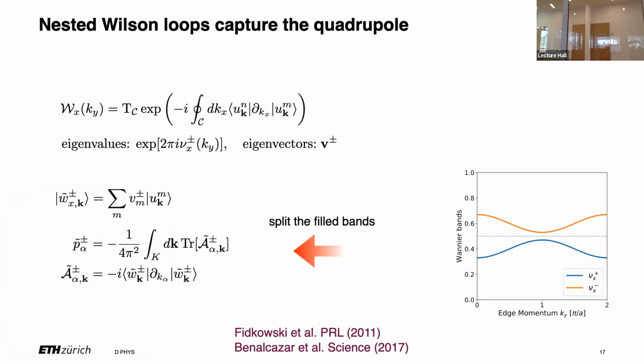And indeed, they also showed us how to characterize it, how do you get a grasp on this quadrupole moment in terms of the topology tools we know, and it's Wilson loops as we know them from conventional TIs, but now you have to do nested Wilson loops. Also not so surprising because you need to go 2 dimensions lower.